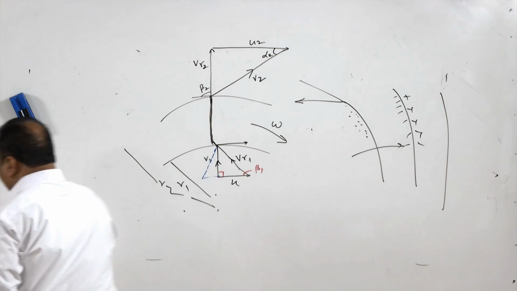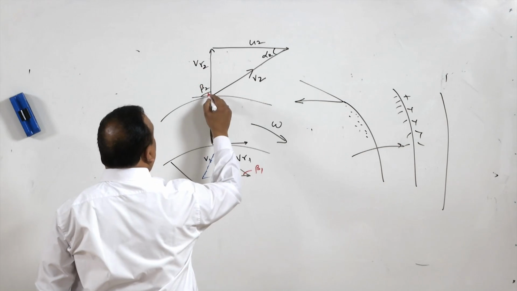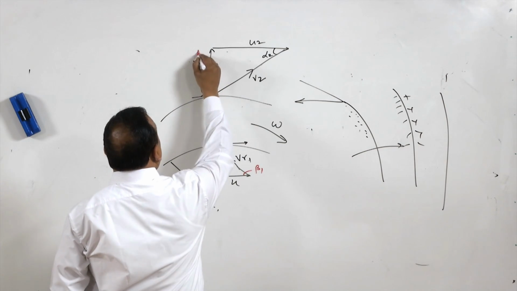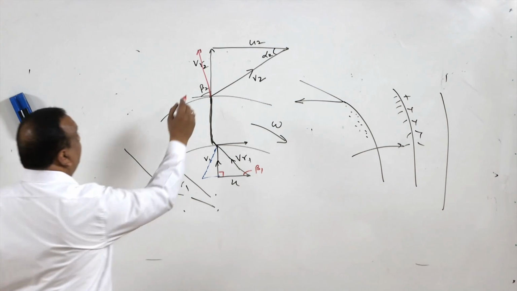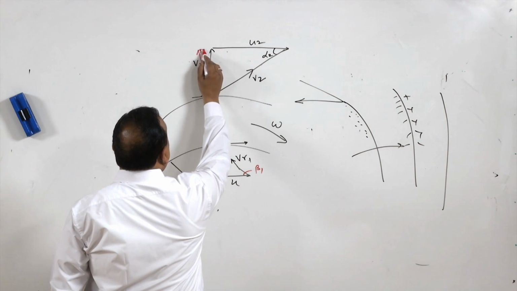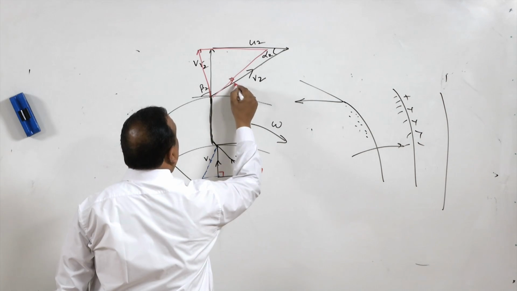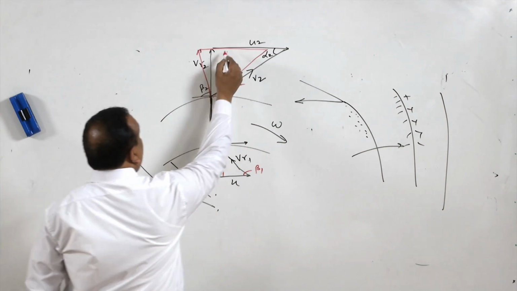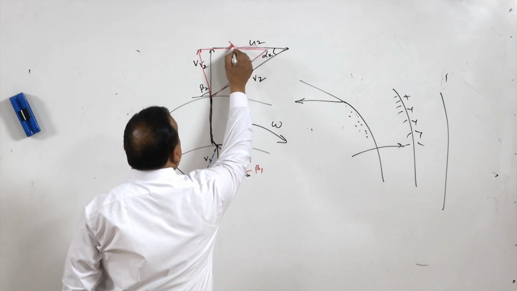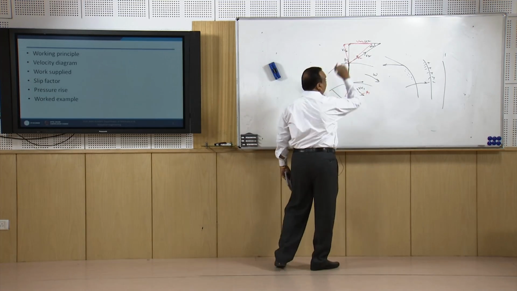So here, in the radial case, instead of leaving in the vertical direction, it leaves in this direction. When fluid is leaving in this direction, definitely because peripheral velocity is constant, our V2 component will change, and this will change the VW2 component also, so the output will be reduced.